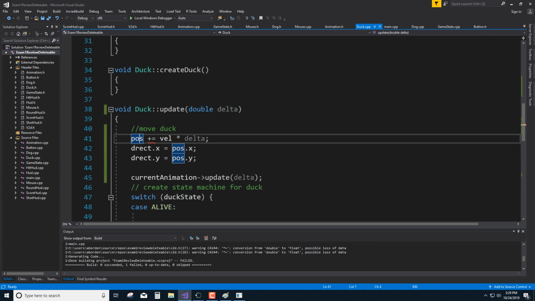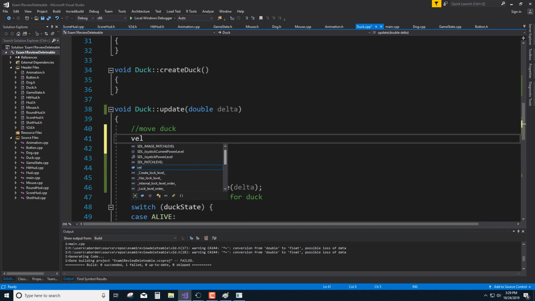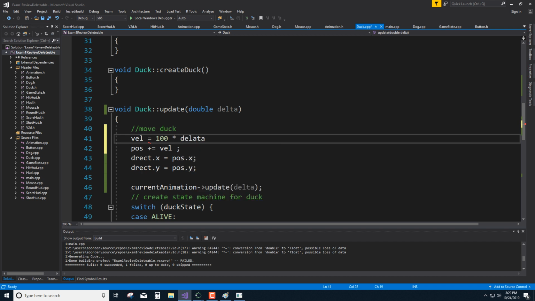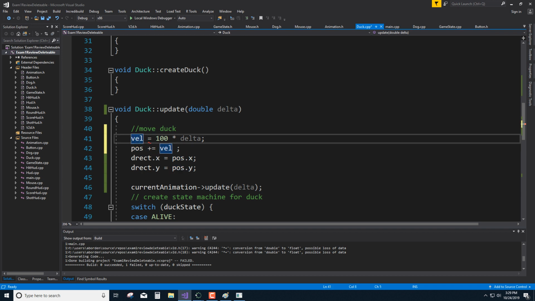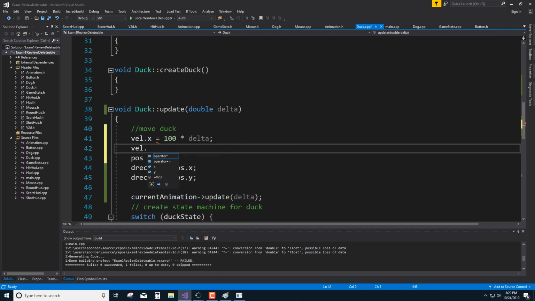If you put position plus equals velocity in parentheses, would it do anything? Yeah, probably. This is wrong.